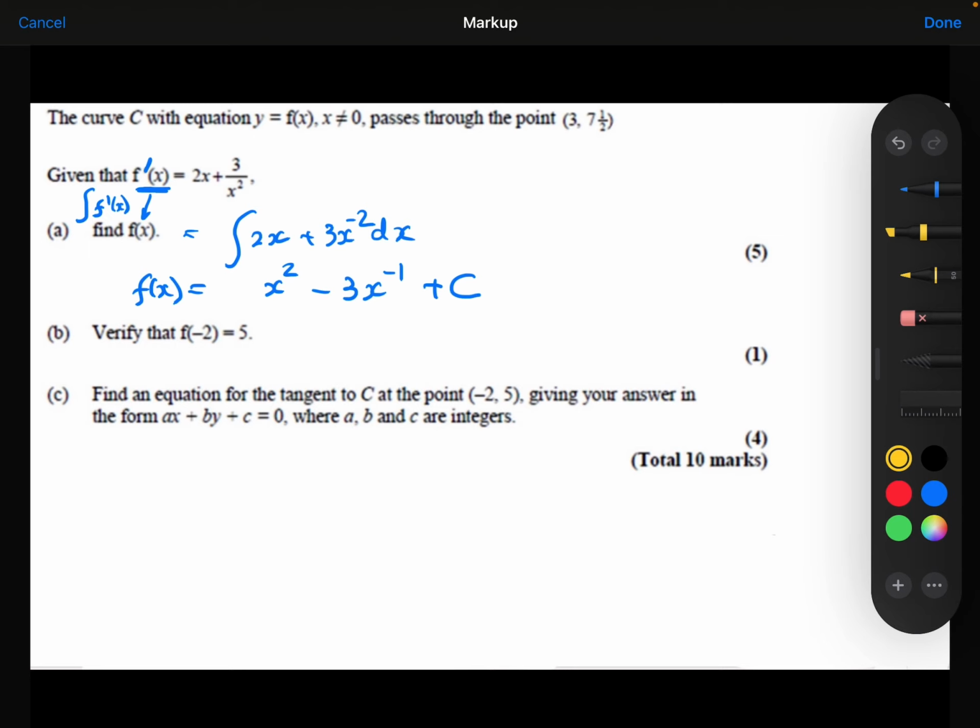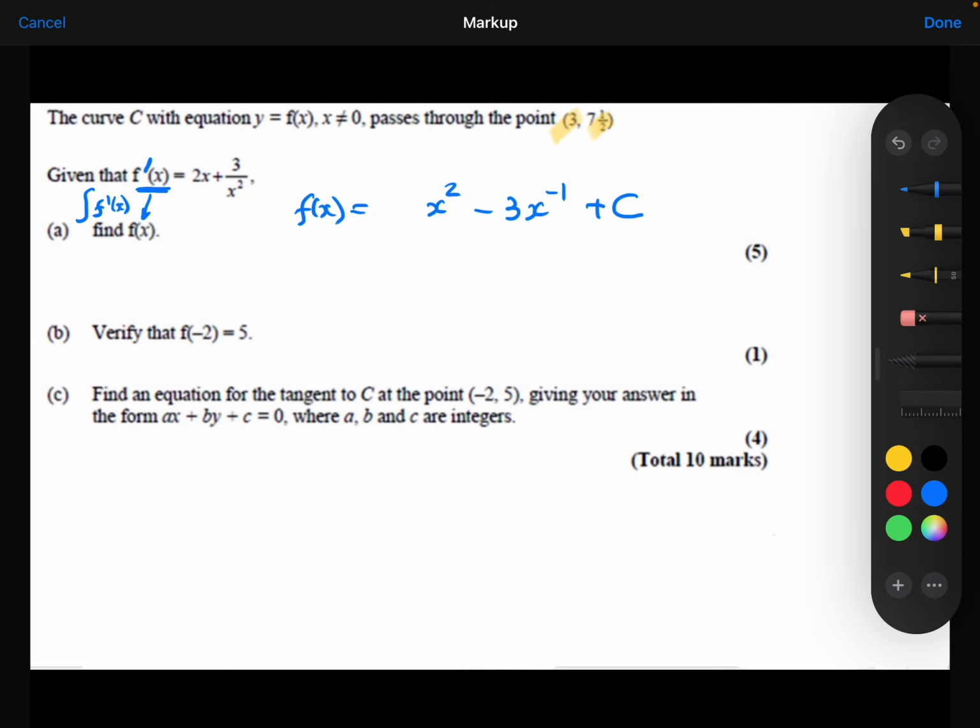Now, I need to work out my constant of integration, c. And I'm going to do that because I know that when x is 3, y is 7.5. So if I substitute that in then, we're going to substitute the 3 in here and here, and we're going to substitute the 7.5 in here.